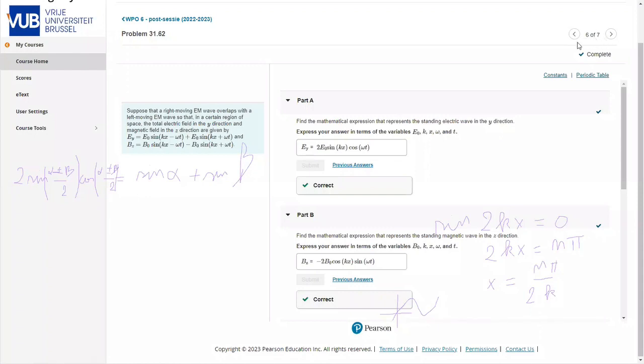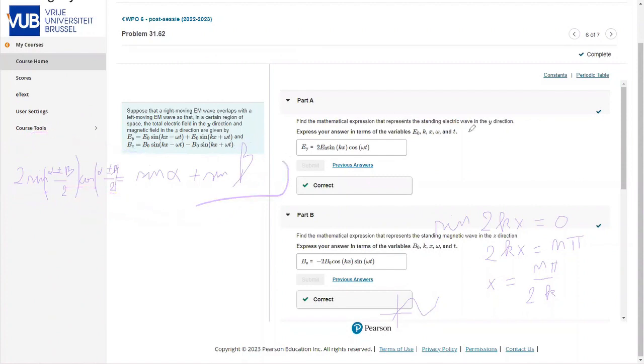Okay, right now we are in the sixth exercise. So basically, what you have to do here is just use this formula, the sum and difference formula, plus and minus.